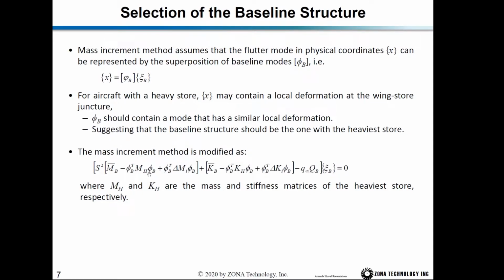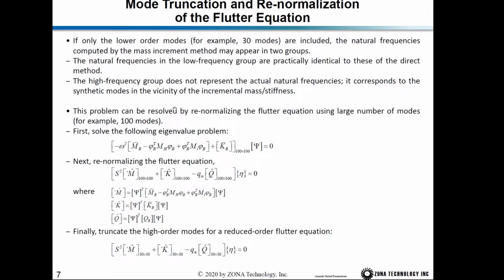Then this generalized mass and generalized stiffness matrix are no longer diagonal. But nobody said that we have to have diagonal generalized mass and stiffness matrices in the flutter equation. However, to perform the flutter analysis, we may need a lot of modes.